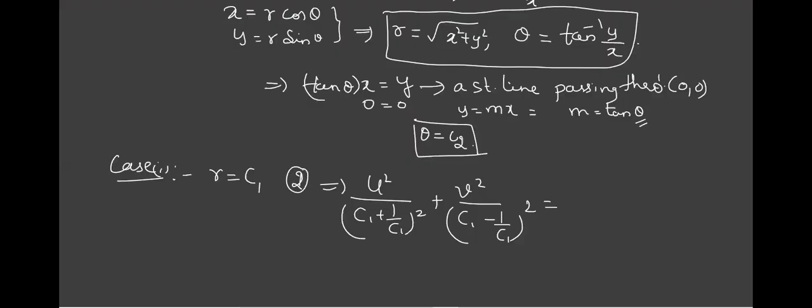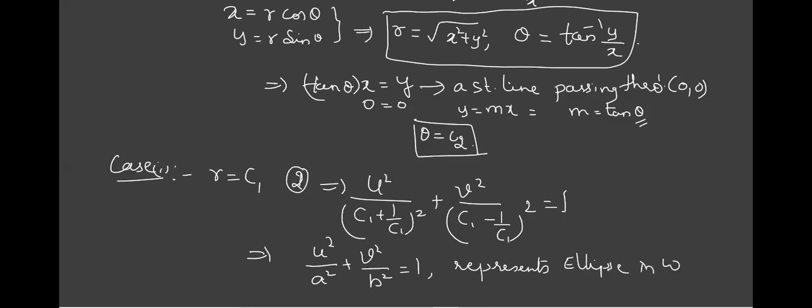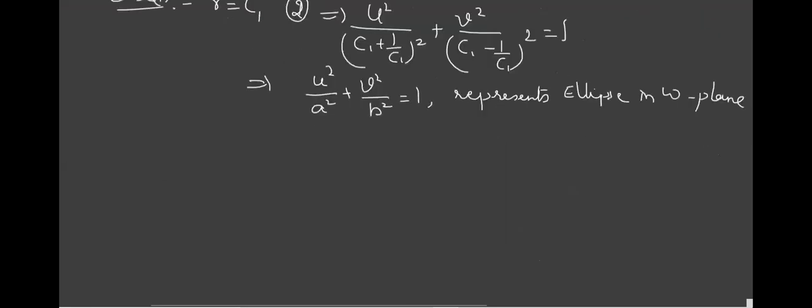The denominators are all constant, so we'll just take it in the form of a square format: u square by a square plus v square by b square equal to 1. This represents an ellipse. In which plane? It's the relation between u and v, so it is happening in the W plane.